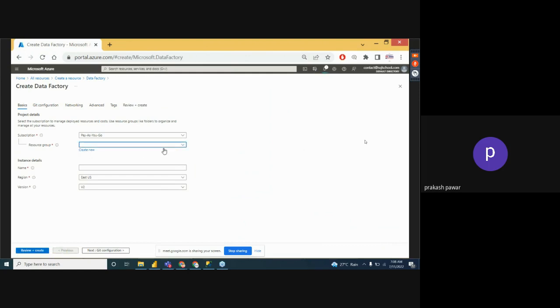Give the resource group, either new or existing resource group. Give the name. Any name is fine. I'll say, for example, ADF resource.